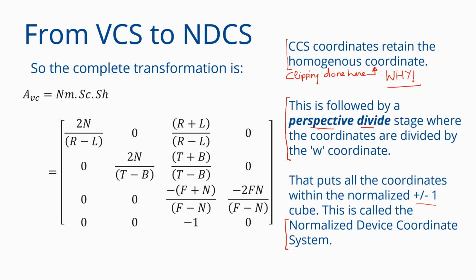All we needed to construct this were these six values: L, R, T, B, N, and F. Just given L, R, T, B, which are the extents of the near plane, and N and F, the distances of the near and the far plane in the VCS, we can construct this matrix that will get us from the VCS to CCS, and then when you divide by the W coordinate, you are in the NDCS.